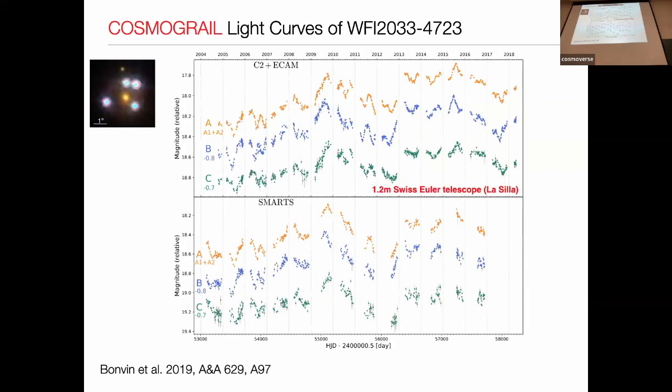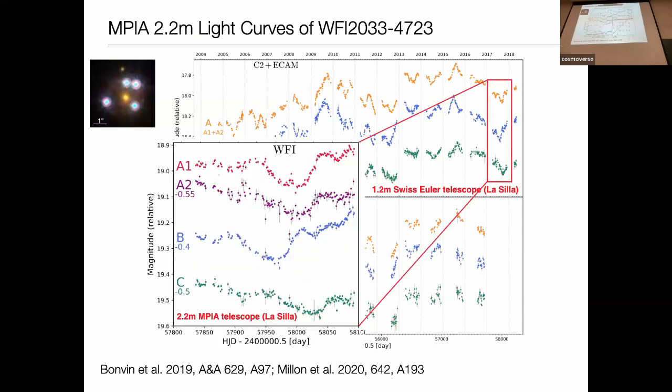Here is another object, observed with 2 different telescopes, 15 years between the 2 points here. And this is because you have microlensing by stars in the lensing galaxy that distort the curves relative to each other. And to compensate for this, these are very slow variations, so you need to observe for a long time to discriminate between the quasar variations and microlensing. Now, we do it faster.